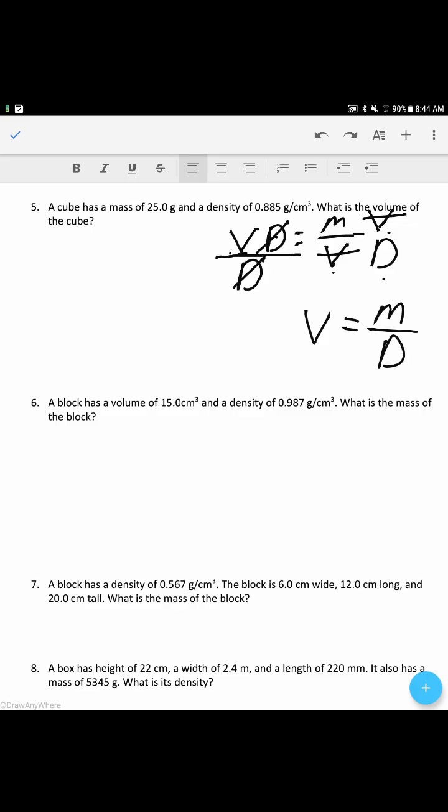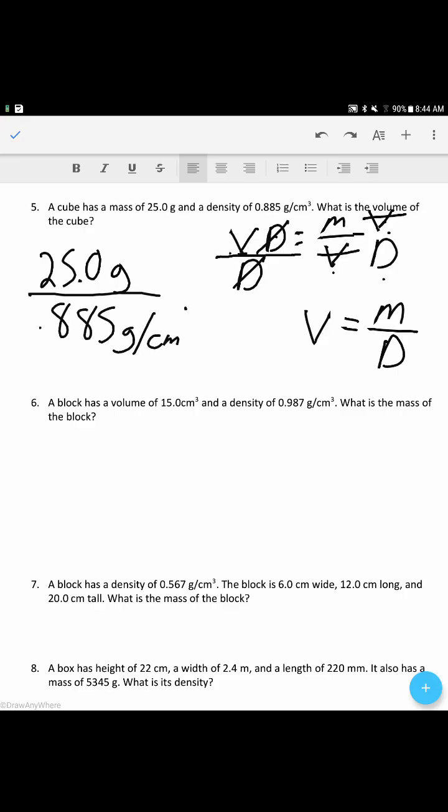Okay, so now we just got to plug it in. 25.0 grams divided by 0.885 grams per centimeters cubed. We plug that into our calculator, 25 divided by 0.885, and we get 28.2, because we're going with 3 sig figs, because this has 3 sig figs and this has 3 sig figs.